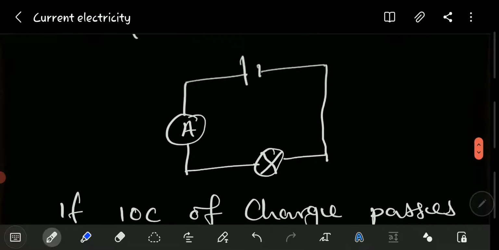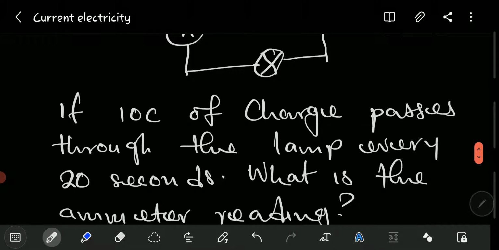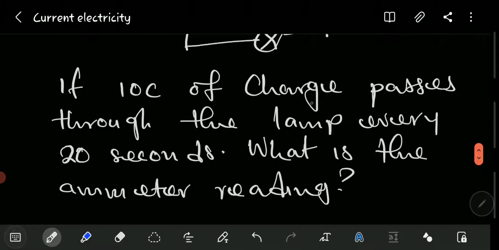So this is our circuit, and we have, if 10 coulombs of charge passes through the lamp every 20 seconds, what is the ammeter reading?